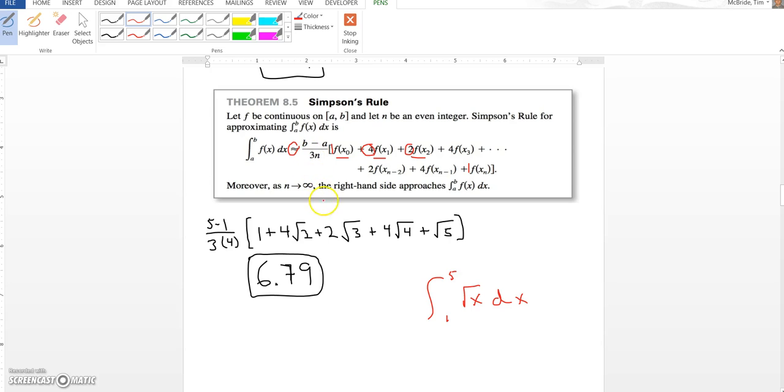That's just how the algebra works out. 4 is your n, and then here are your function values. Again, pay attention to the coefficients in Simpson's rule. And if we punch that into the calculator, we get 6.79. Again, that is an approximation for the area under this curve, or this definite integral.